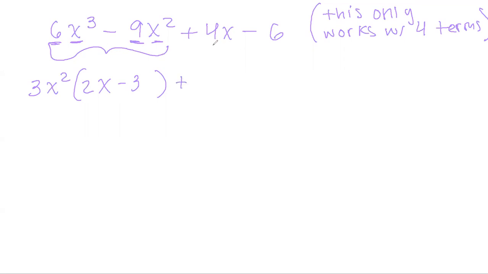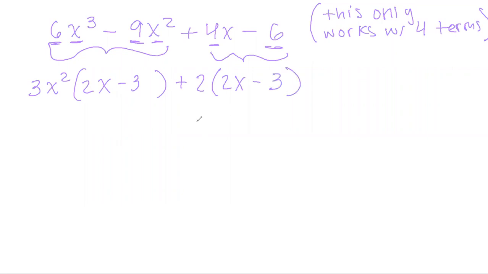Plus, again, what do 4x and 6 share? In this case, I share 2, so I'll take that out. 4 divided by 2 is 2. I didn't take out an x, so the x sticks around. Minus 6 divided by 2 is just 3.